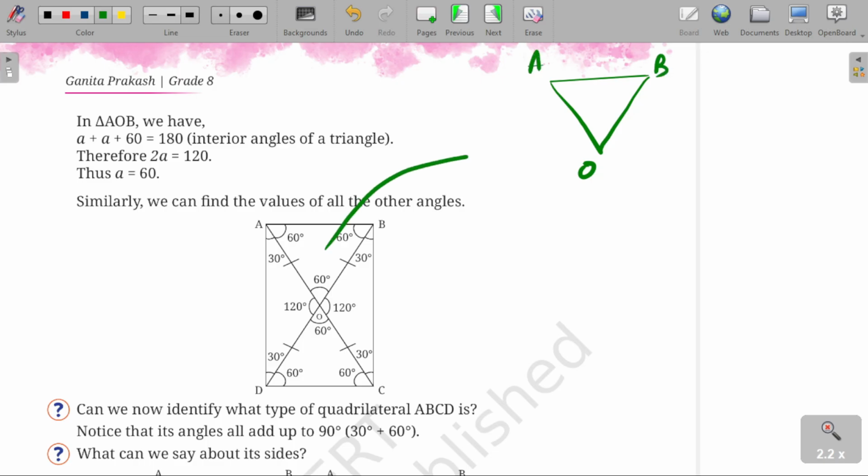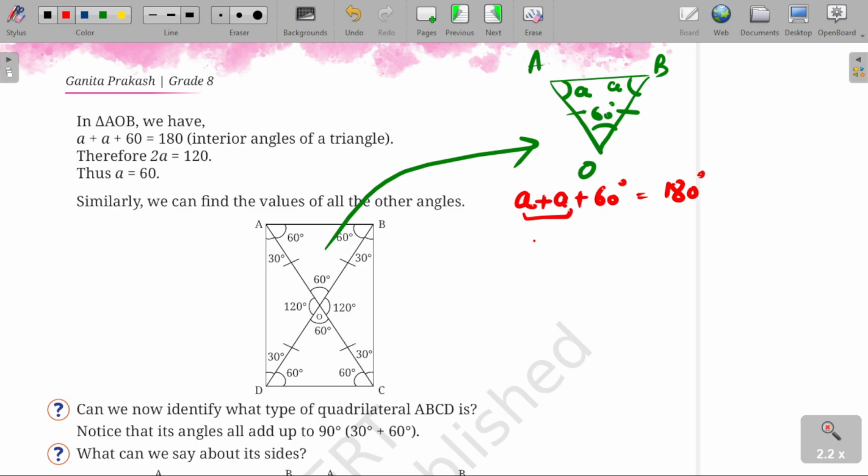just zooming this part, okay? This side is equal to this side. This angle we are taking A, this angle we are taking A, and this is 60 degrees. You can take any other letter here. Now applying the angle sum property, the sum of all the angles will be 180 degrees.